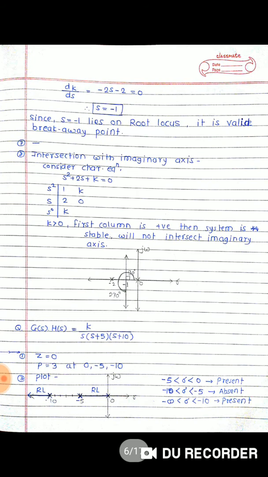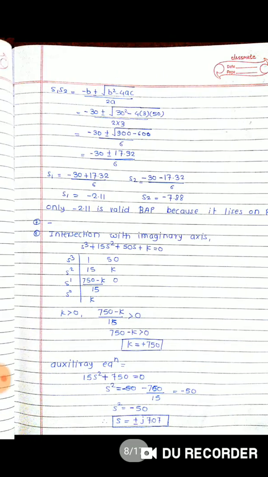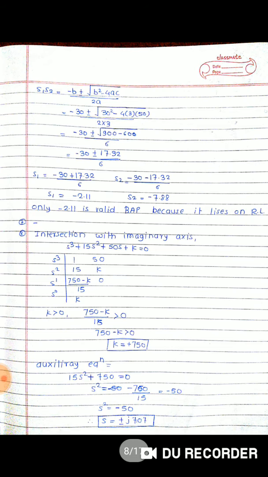In between minus 5 to minus 10 the root locus is absent, therefore that is not a valid breakaway point. Then the 7th step: if complex roots are present, we have to find the angle of arrival and the angle of departure. For this example imaginary roots are not present, so this step is not needed for this example.